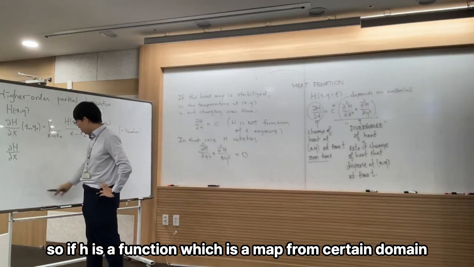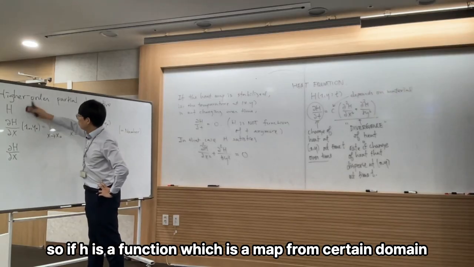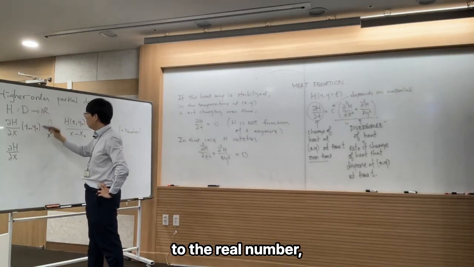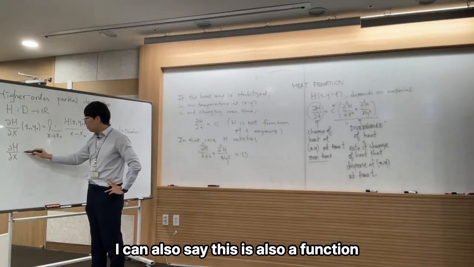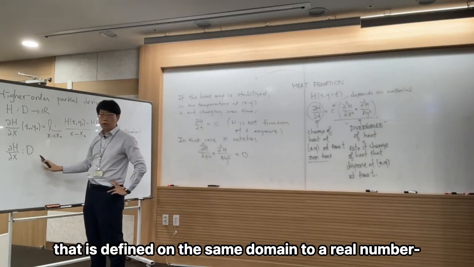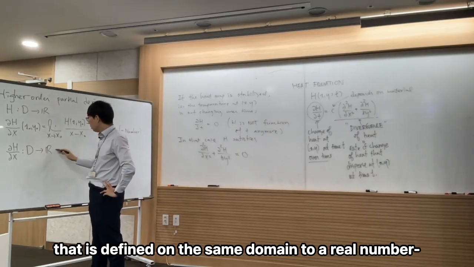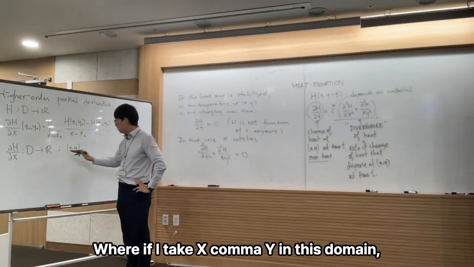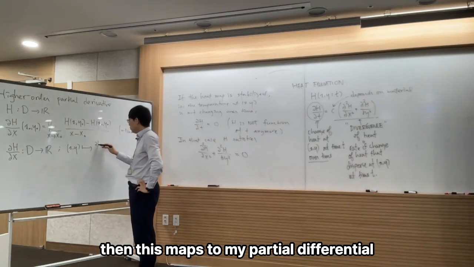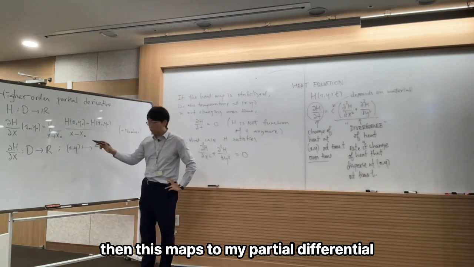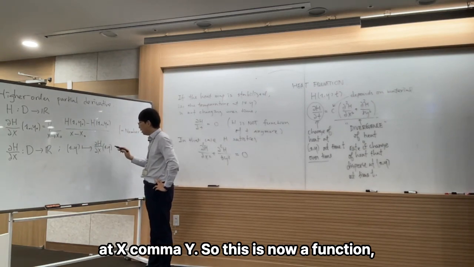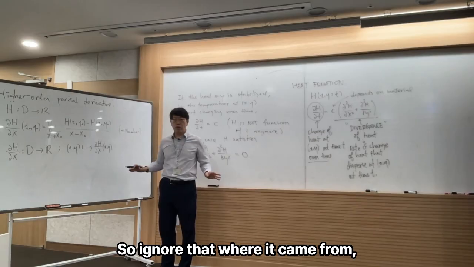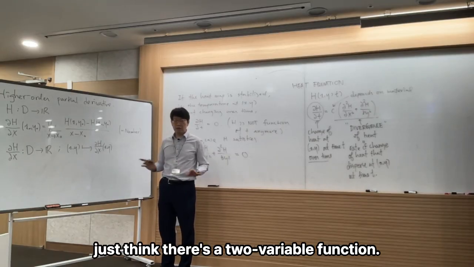If h is a function, which is a map from a certain domain to the real numbers, I can also say this is a function that is defined on the same domain to the real numbers, where if I take x, y in this domain, then this maps to my partial derivative at x, y. So this is now a two-variable function. Ignore where it came from.